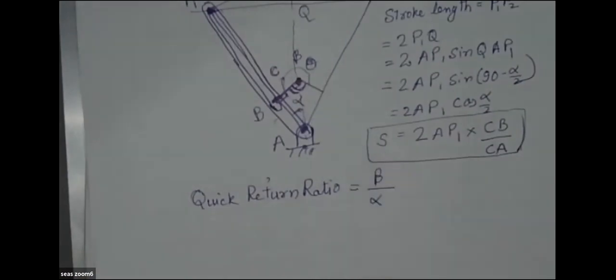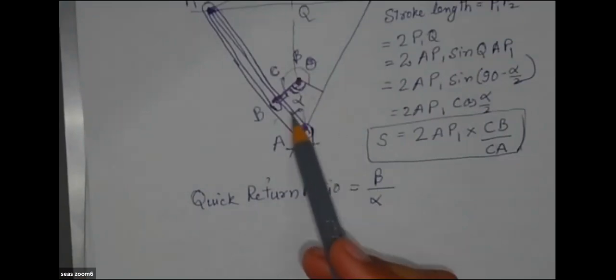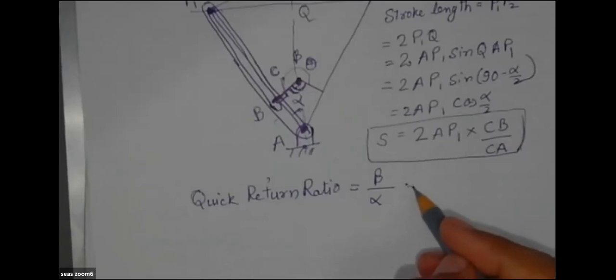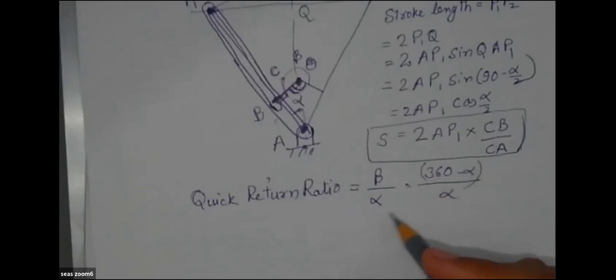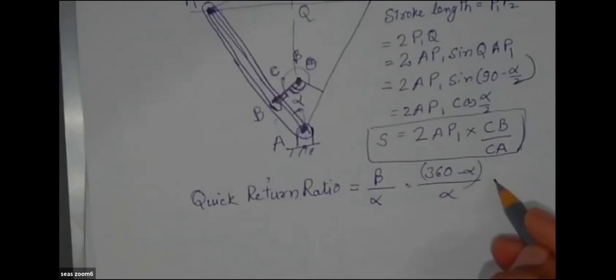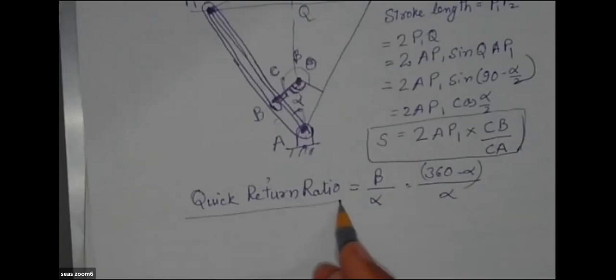So in this quick return mechanism, the larger one is the forward stroke or cutting stroke, and the lower one is the return stroke, that is alpha. So beta by alpha, and beta is nothing but 360 minus alpha. This is not only the ratio of angles, but also the ratio of time. So quick return ratio denotes how much time it will take in forward stroke compared to return stroke, and this is also the angle through which the forward stroke takes place compared to return stroke.